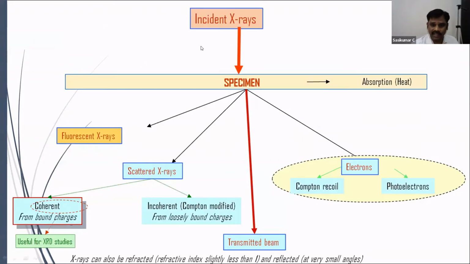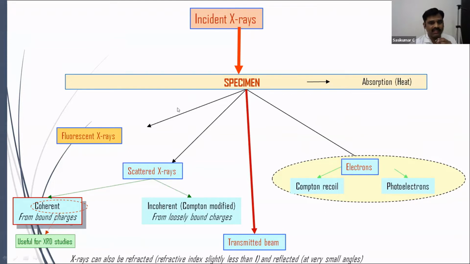When X-ray is incident on a specimen, a number of events take place. Most of the X-rays will be converted into heat. Almost 99% of the X-rays absorbed by the specimen get converted into heat, and partially they are converted into fluorescent X-rays, scattered X-rays or electrons.